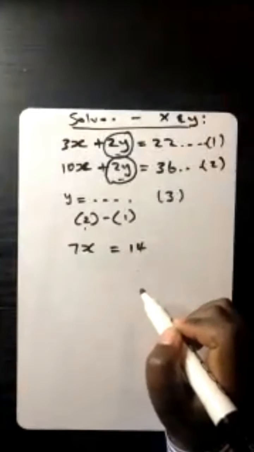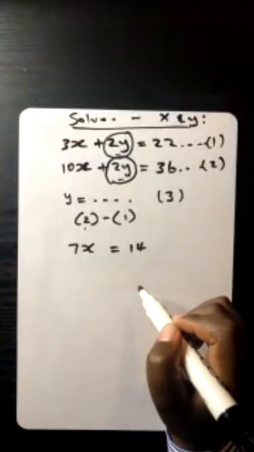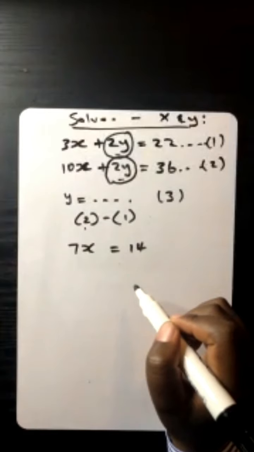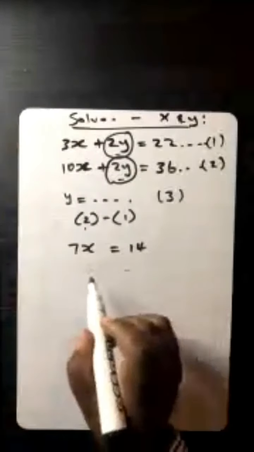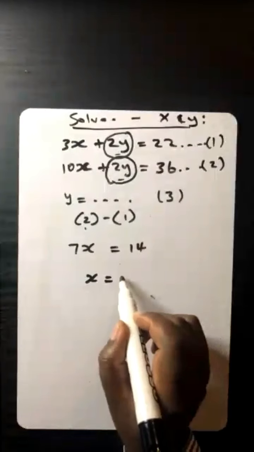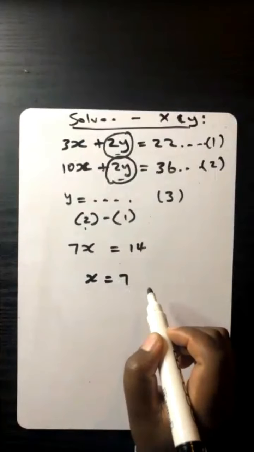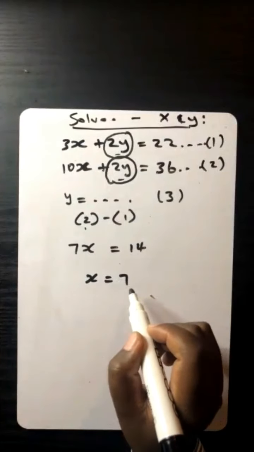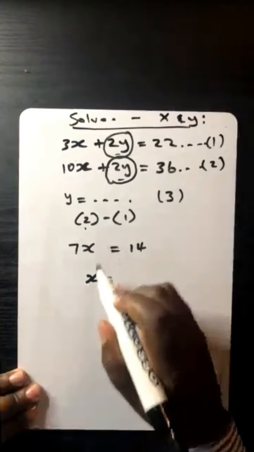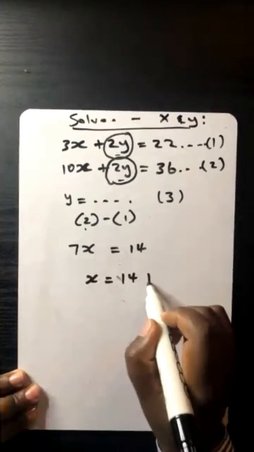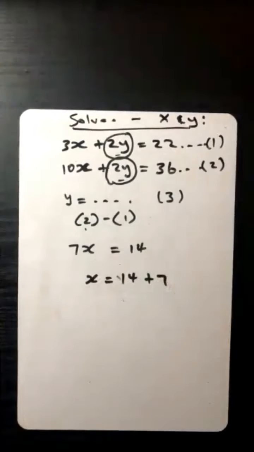So you have your letters on your left and your numbers on your right. So which will be x equals to 7. 14, sir. 14 plus 7. Okay.